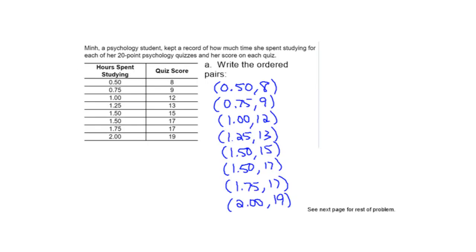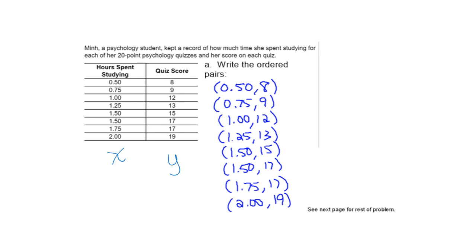So what happens in statistics is we take a bunch of data and we plot it on what we call, well, sometimes we call it a dot plot. You'll see as we go along. But basically, we plot every ordered pair. So in this case, we've got hours spent studying and we have the quiz score. So hours spent studying is going to be our x.